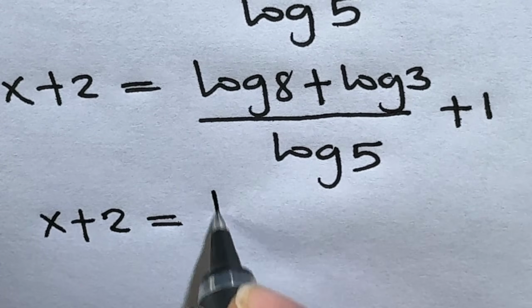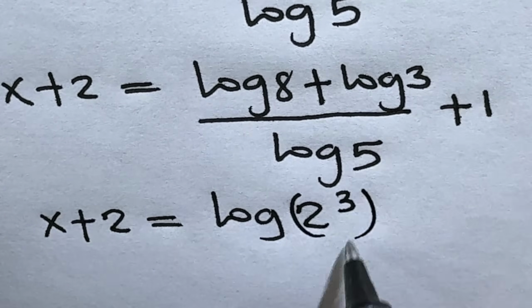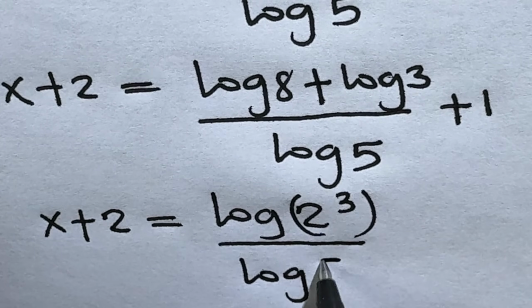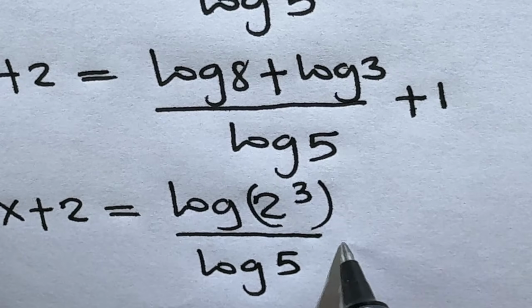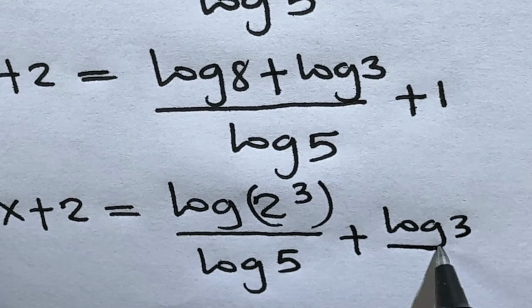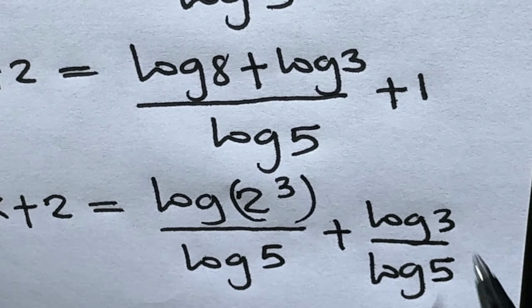So instead of writing log 8 now, I'm going to write log 2 raised to power 3, then divided by log 5, then plus log 3 divided by log 5 again, and plus 1.